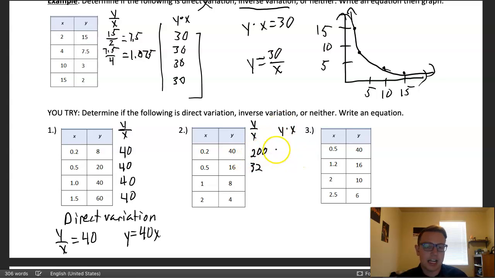So now we're going to multiply x and y together to see what that gets us. So y times x, 0.2 times 40, is going to give us 8. Okay, 0.5 times 16, that's going to give us 8 as well. 1 times 8 is 8, and 2 times 4 is 8. So y times x worked.